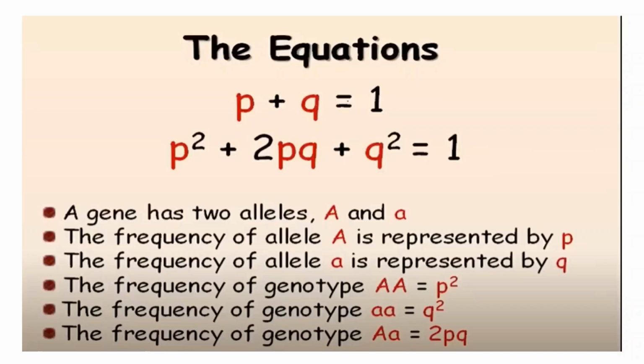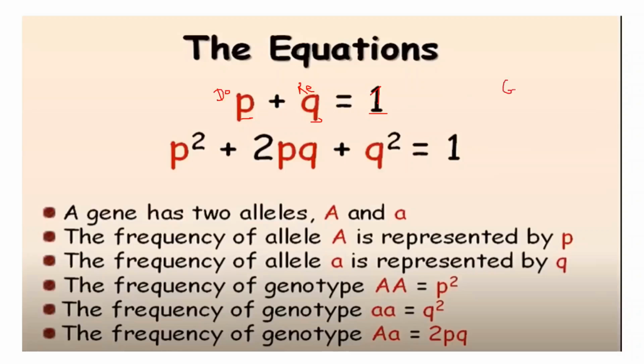One is p plus q equal to 1, where p is the dominant allele and q is the recessive allele. This should be equal to 1.